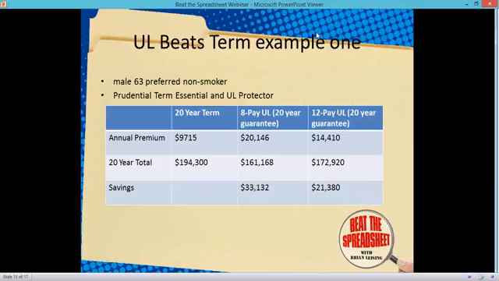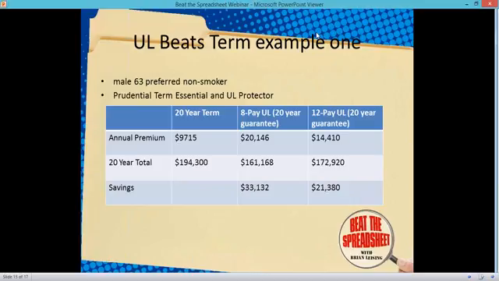I think it might have been $1 million, but it doesn't matter. It's the ratios that are important here. Over 20 years, our client paid in nearly $200,000, and you know what? He's 83. He doesn't have an option to convert anymore. That's it. The money is just gone.